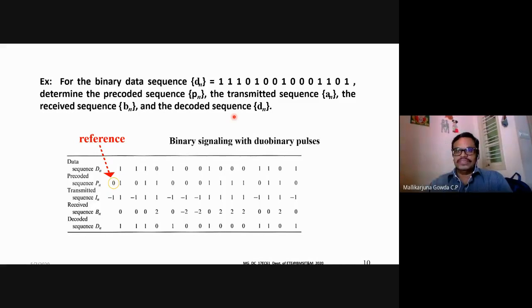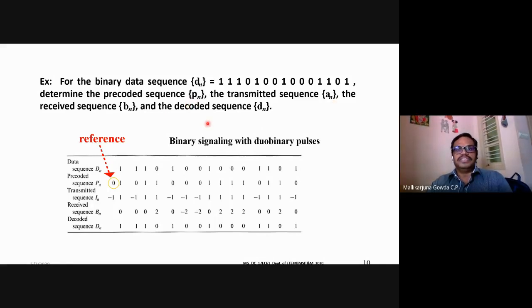Okay, so how many things we are supposed to find out? See, Pn, that is the pre-coded sequence, transmitted sequence An, then the received sequence Bn, then the decoded sequence Dn. See, here and there, the transmitted sequence I wrote there as A suffix M. Here I am writing A suffix N. So don't confuse with that suffix, okay?